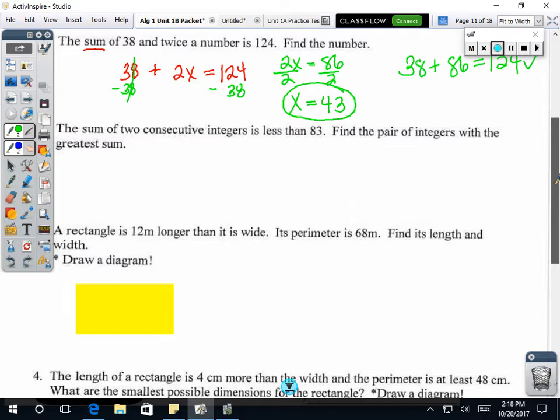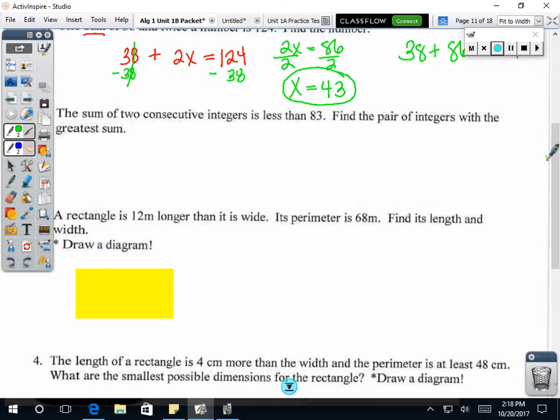Okay, now we're moving into some stuff you haven't seen yet, so you really need to pay attention. The sum, which means add, of 2 consecutive integers is less than 83. So we're going to be adding up 2 consecutive integers, and it's going to be less than 83. First, let's talk about what integers are.